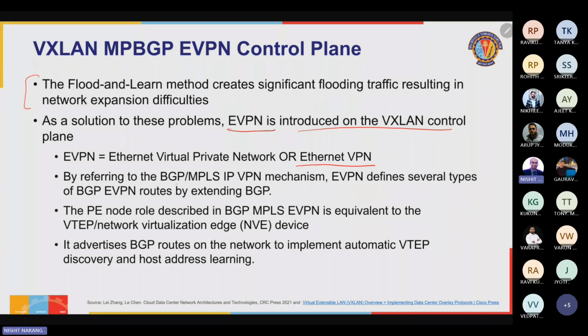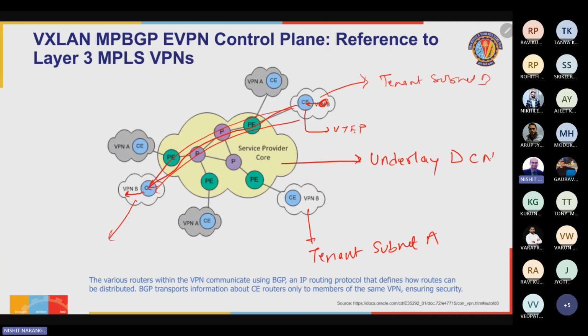I use the same methods as what are used in the BGP MPLS protocols used on the internet by creating the PE node as the VTEP. Sorry, I mentioned wrongly. It's not the CE, it's the PE, which is part of the data center network. That's the VTEP.